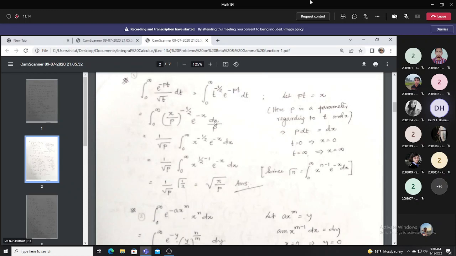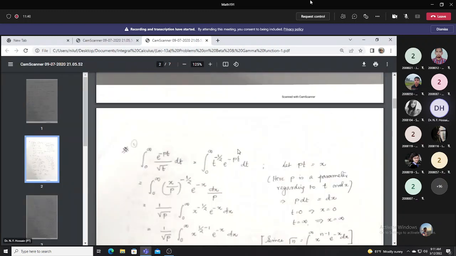Since p is a parameter regarding the variable x, we can take this p outside. So in the denominator it is p to the power minus half, and there is a p, so minus half plus 1, the power should be half. That means 1 by root over p. And what remains here? x to the power minus half into e to the power minus x.